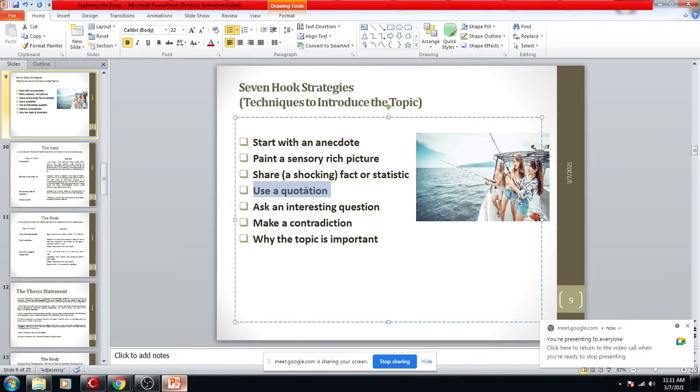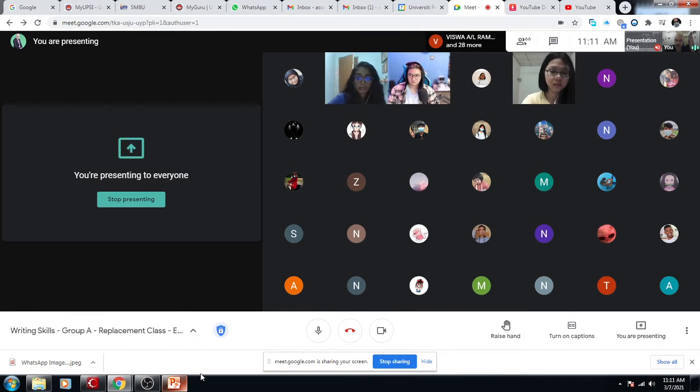Use a quotation from someone famous, an authority. A quotation can attract the reader's attention. If you're writing an essay, for example, and at the beginning of your essay you quote, let's say, Dr. Mahathir. So when you quote an authority, someone famous or an expert in a field, this can be a good way to engage the reader.